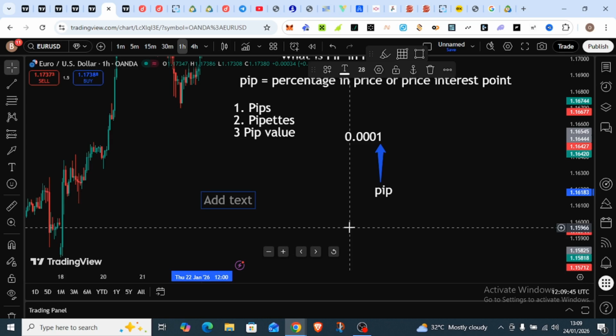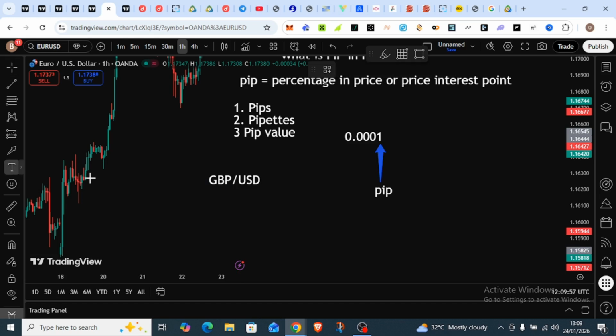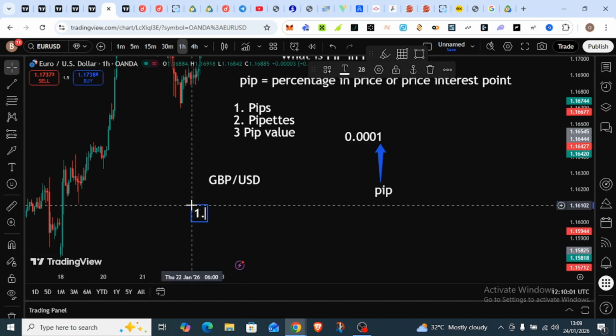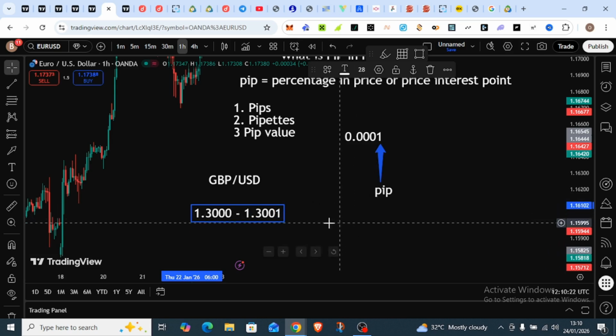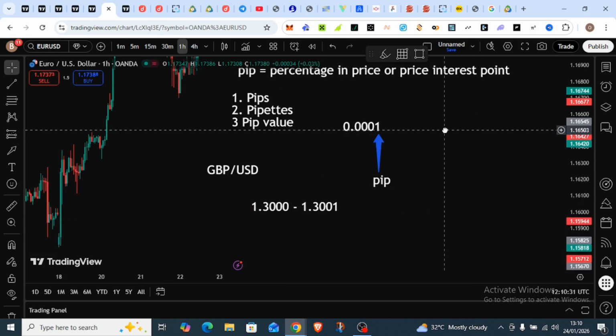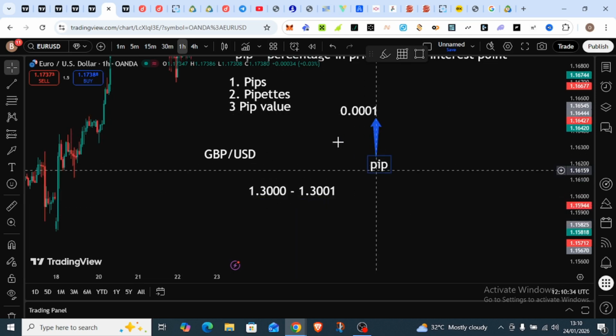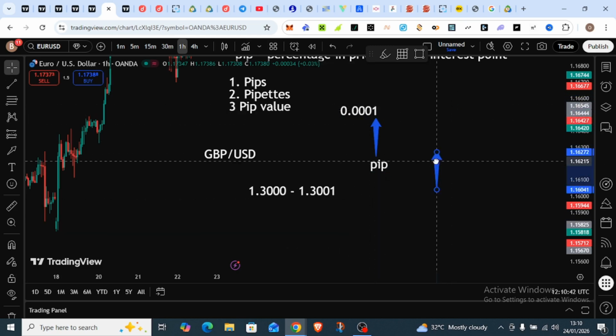If we consider GBP USD, and we have the price moving from 1.3000 to 1.3001, we've seen that the pip becomes this one here.